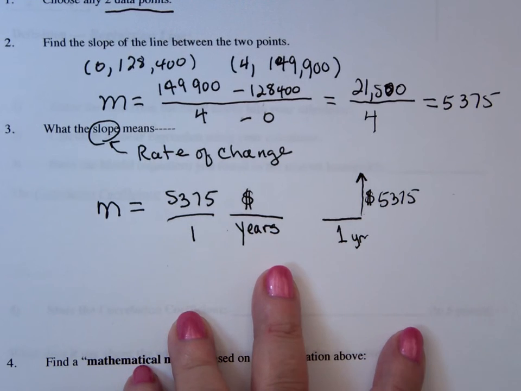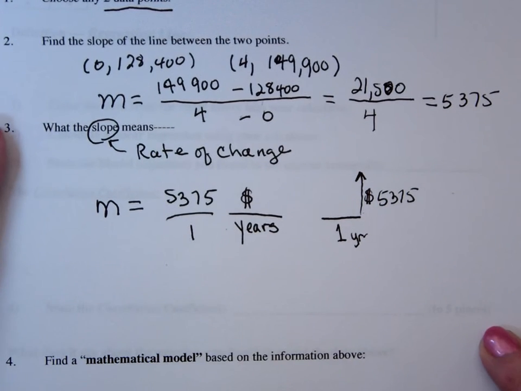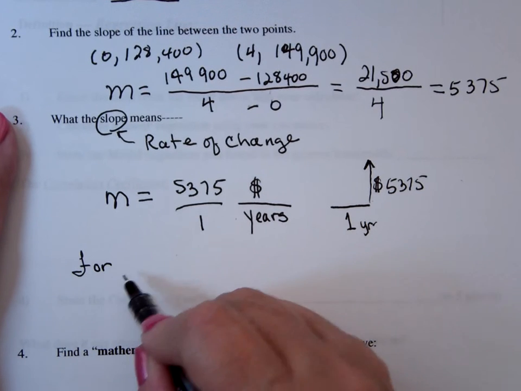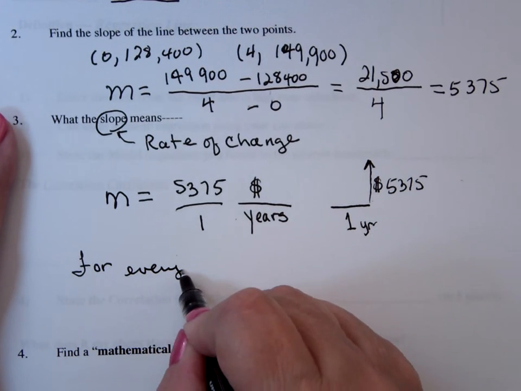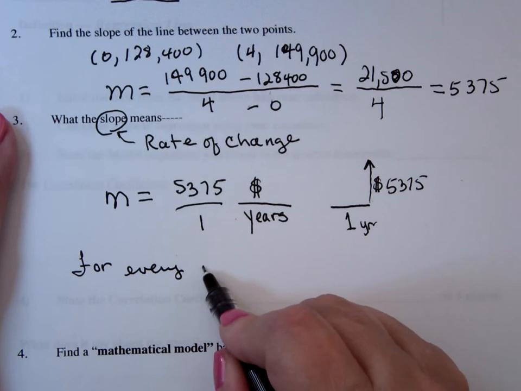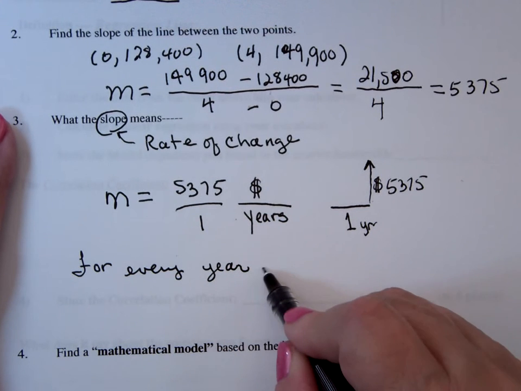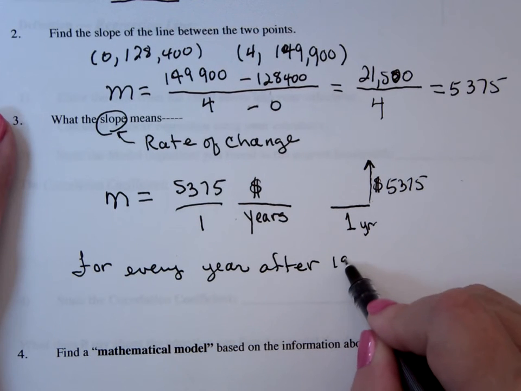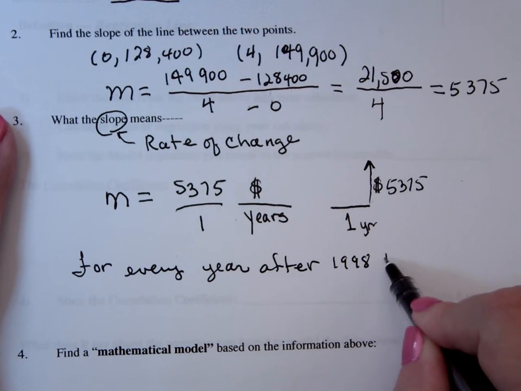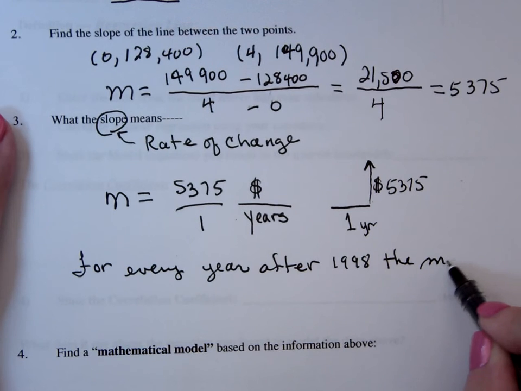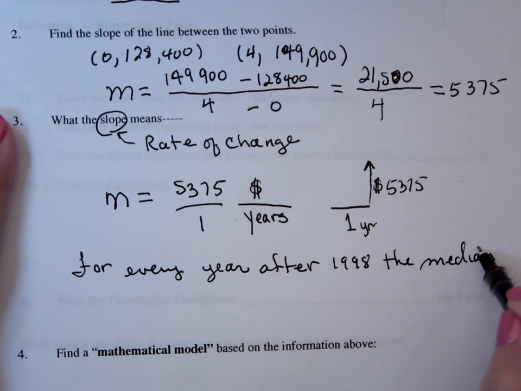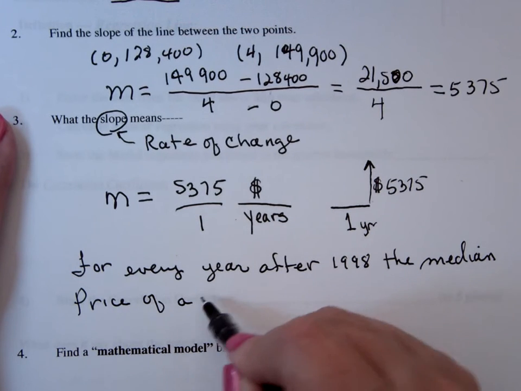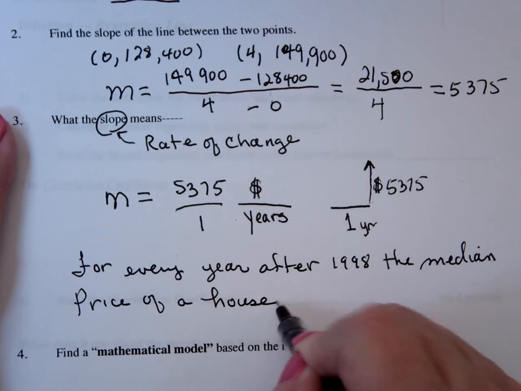So if I wanted to formulate a sentence, I would say for every, and this is one thing you want to have in your notes, year after 1998, the median price of a house does what?